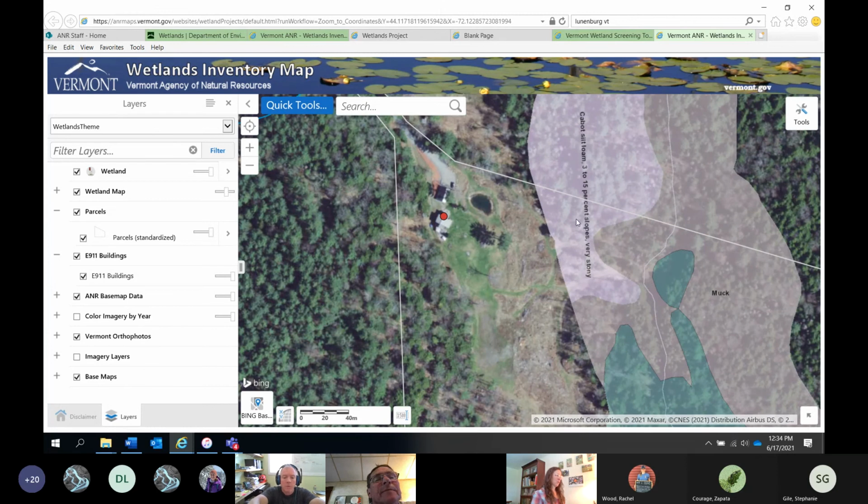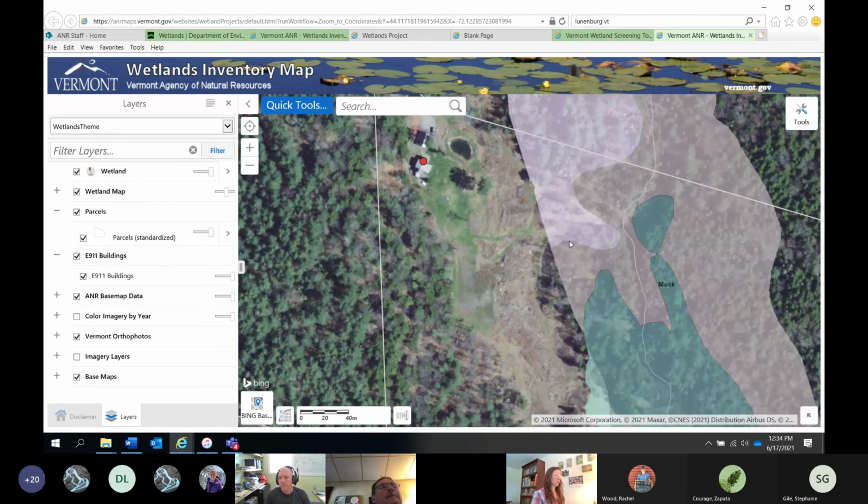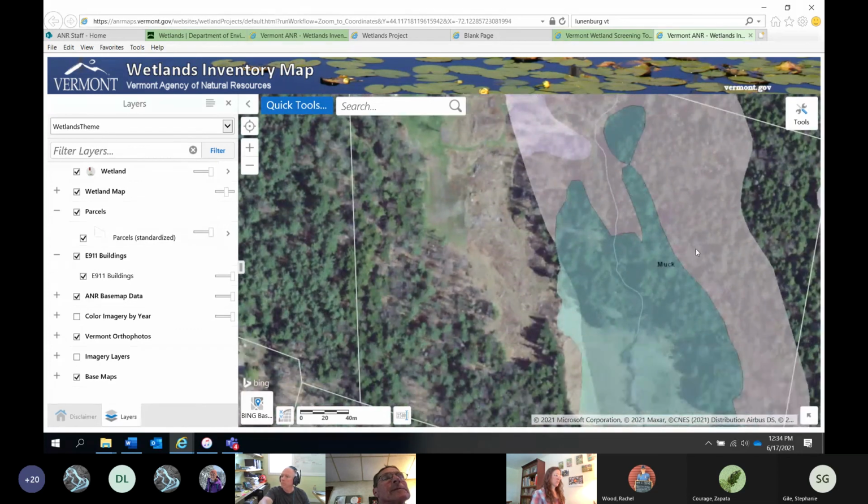It's one component of 3 that we would need to look at. And because it's a coarser mapping unit, it's really what's happening with the soils on the ground that tells you whether or not it meets the hydric soil criteria. But this does give us enough of a warning that it's probably something that we should take a look at. So there's a really nice muck unit.